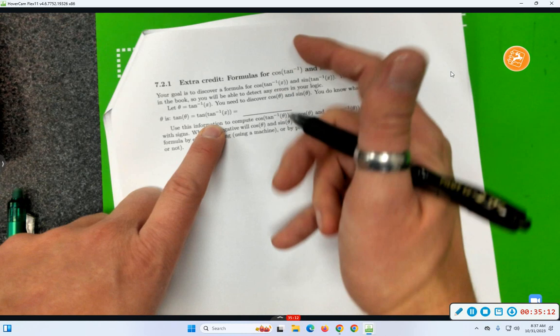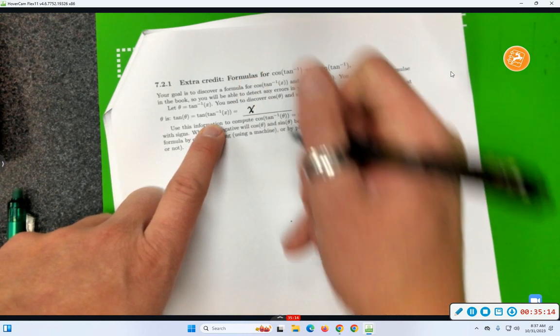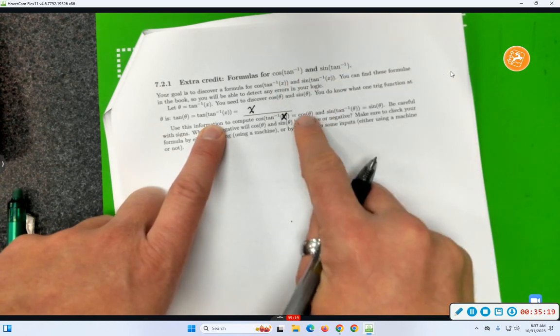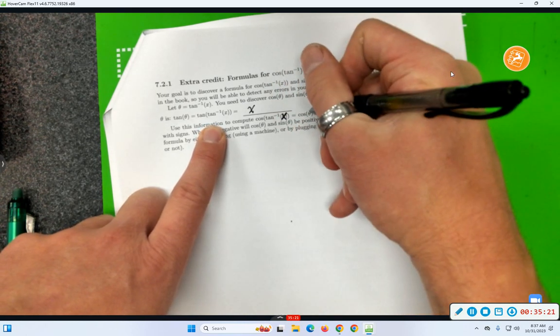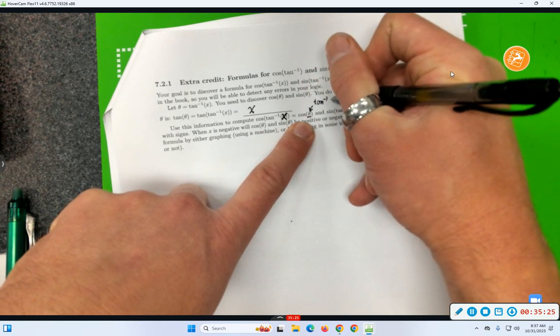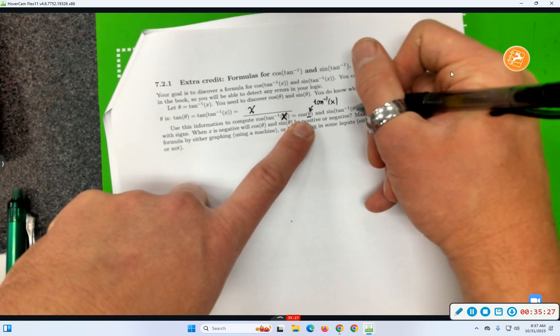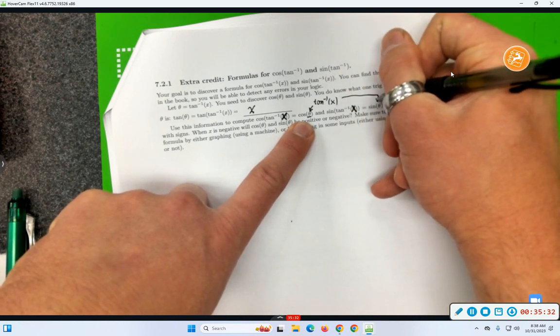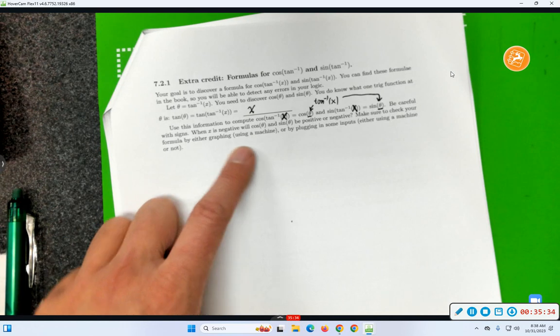Tangent of theta is the tangent of the inverse tangent of x, is x. You now want the cosine of the inverse tangent of x, which is just the cosine of theta, because this theta is tangent inverse of x. You also want the sine of the inverse tangent of x, which is the sine of theta, because theta is the inverse tangent of x.